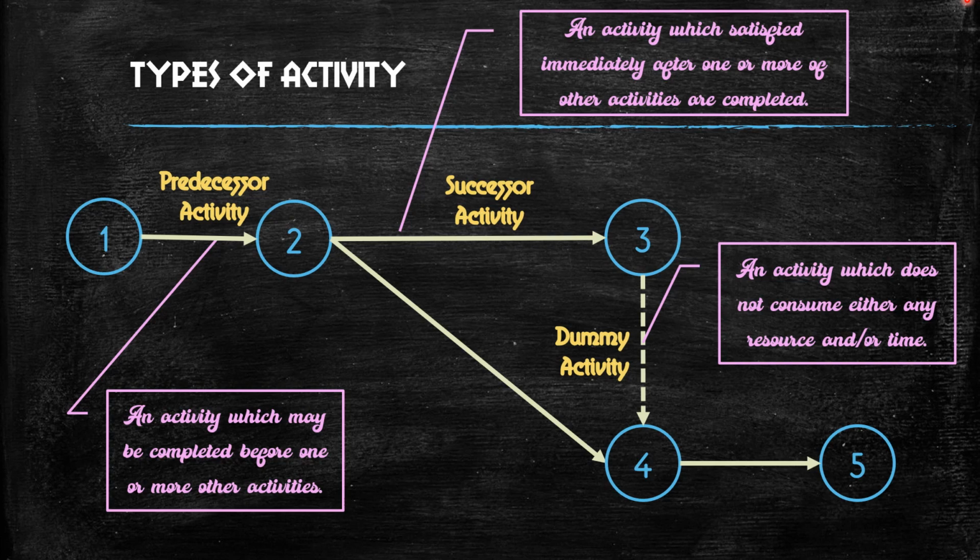But sometimes an activity is drawn which doesn't consume any time, resources or cost, but it is drawn only to indicate the successor predecessor relationship between the activities. Then it is known as dummy activity. Okay, we'll see in detail about dummy activity.